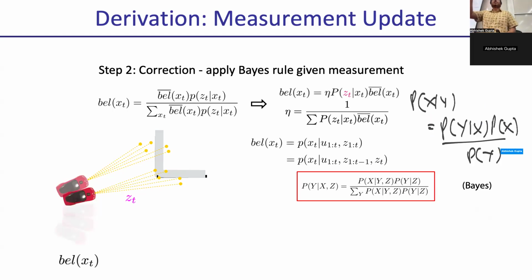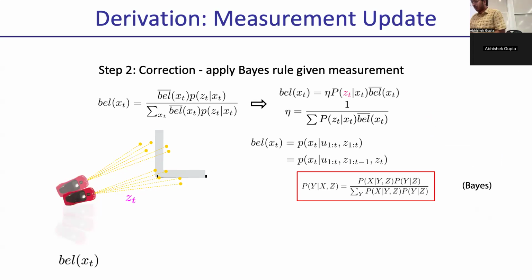You're just going to add a conditioning variable z to everything. Doesn't change Bayes' rule. You just add conditioning to every single entity here. So this is the version of Bayes' rule we're going to write. P of y given x, z is P of x given y, z times P of y given z divided by the sum of them, right?